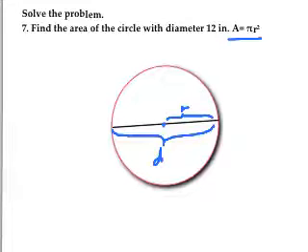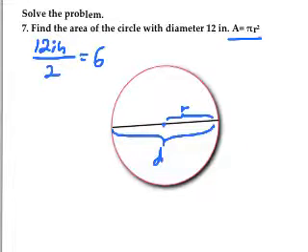So obviously the radius is half of the diameter. So if they've given us 12 inches, divided by 2 to get the radius, which is 6. And we just plug it in. So we're looking for the area of the circle equals pi r squared, which would be 6 squared.